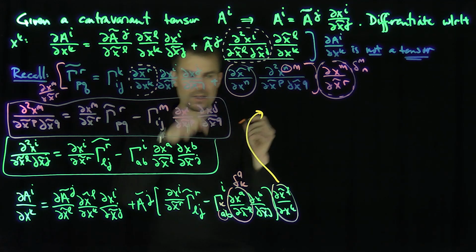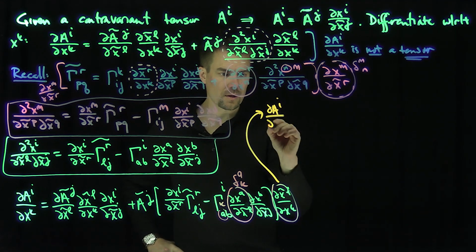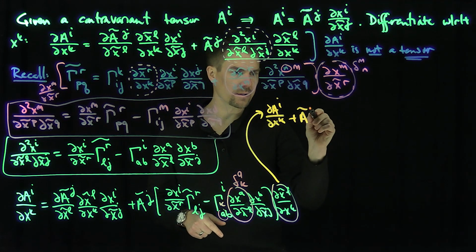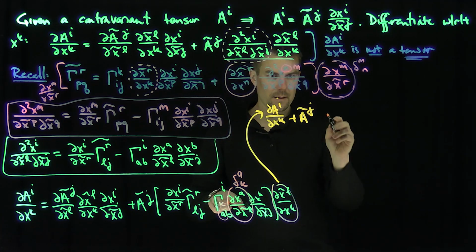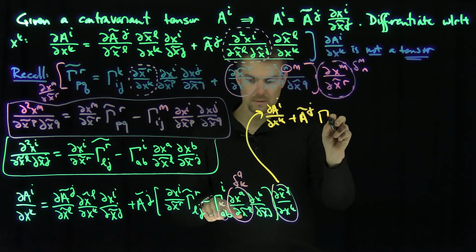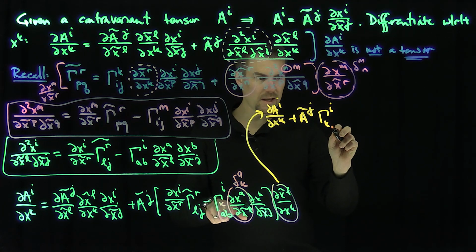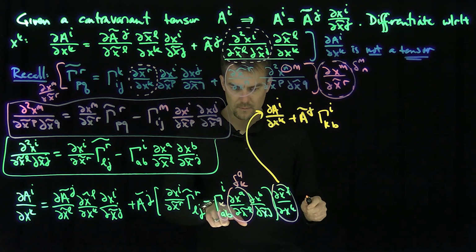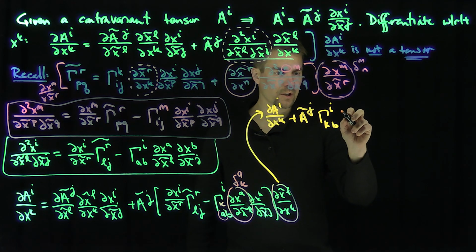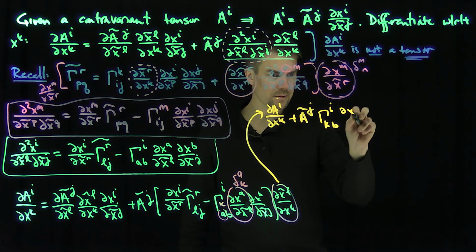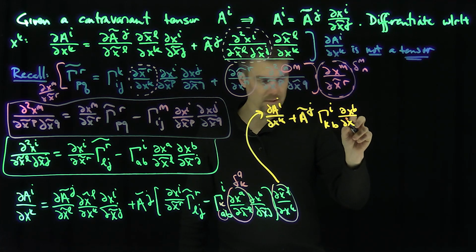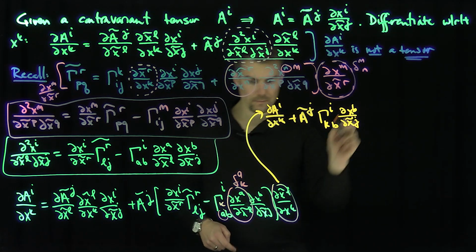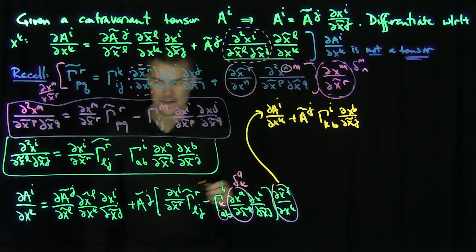So this will tell me ∂A_i/∂x^k, add these terms over here, plus Ã_j times Γ^i_kb, and then ∂x^b, ∂x̃^j, excuse me, right? So that gives me those terms over there is equal to what?